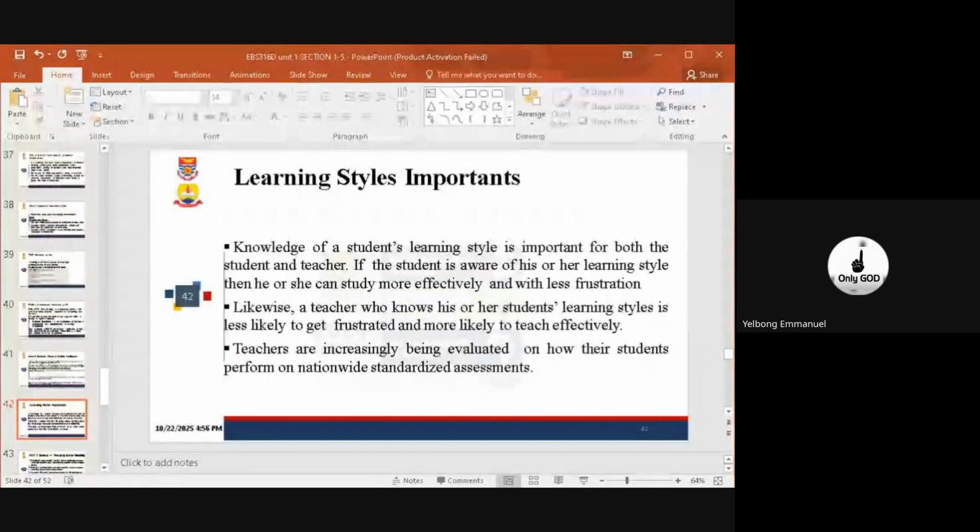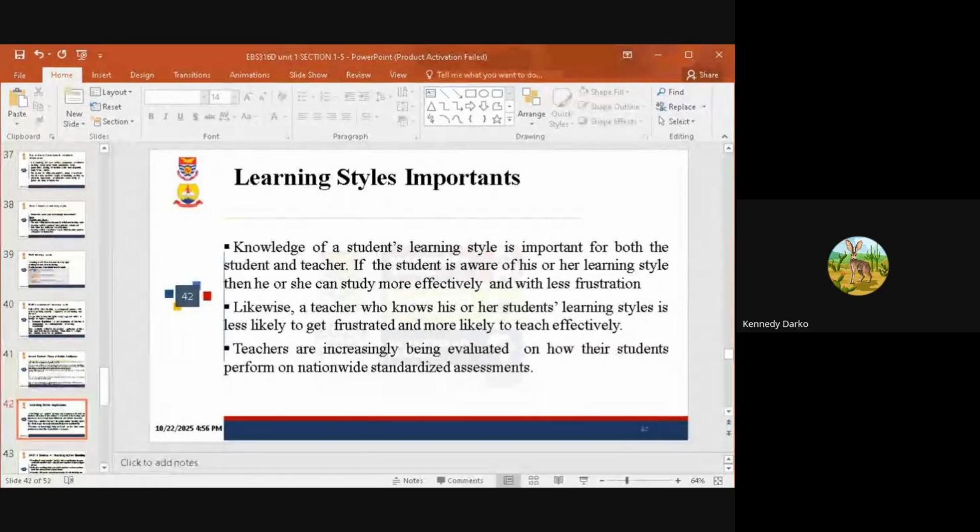Okay, can I go on? Yes, please, I can hear you. So knowledge of student learning style is important for both student and teacher. If the student is aware of his or her learning style, then the teacher wouldn't suffer so much, and that person can study more effectively and with less frustration. If I know my learning style, I wouldn't go through any frustration. I'm able to learn on my own.